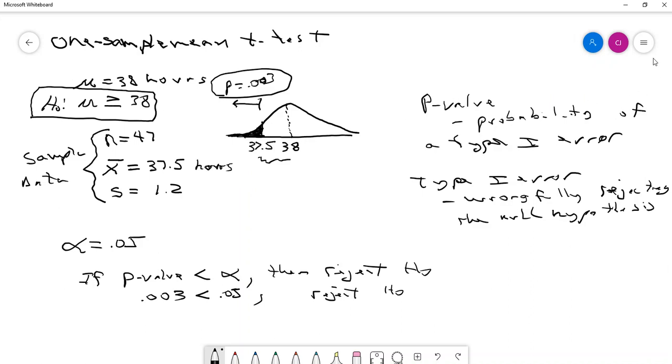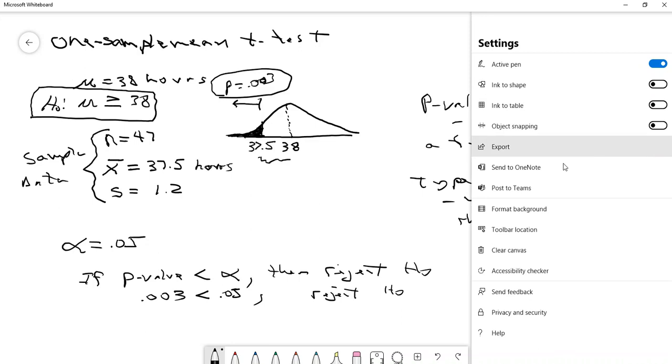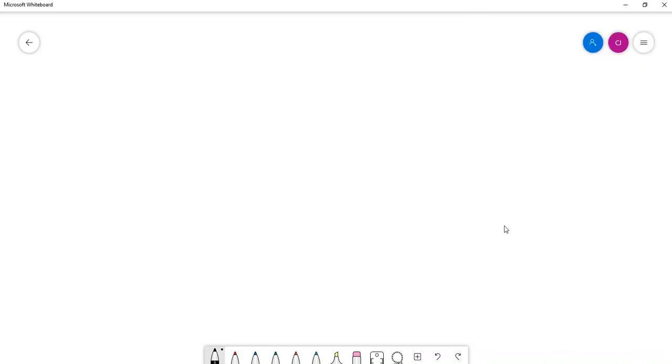All right, so let's go ahead and clear canvas. And let's go ahead and look at a one proportion z-test.